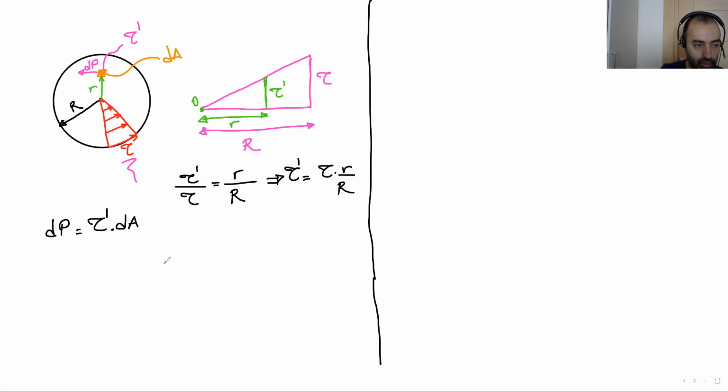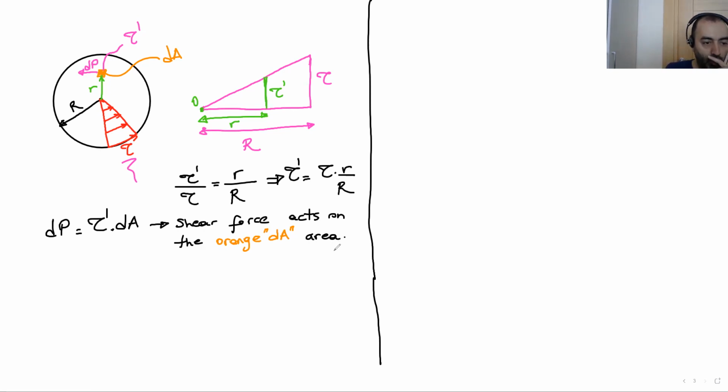So let me write here. This is the shear force acts on the orange area.